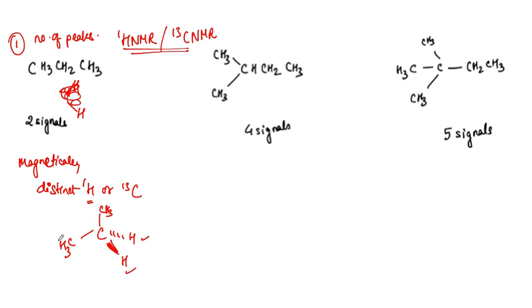Both of these protons are the same, as well as both of the methyl groups are the same. If these two methyl groups are the same, let's say I'm writing A, which means these are going to give only one signal, one singlet for 6 protons in the proton NMR.